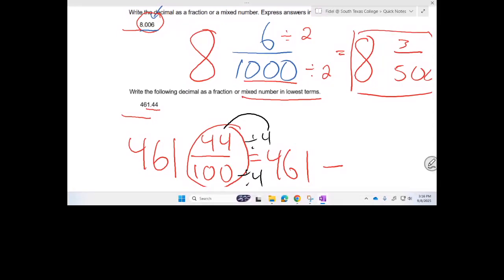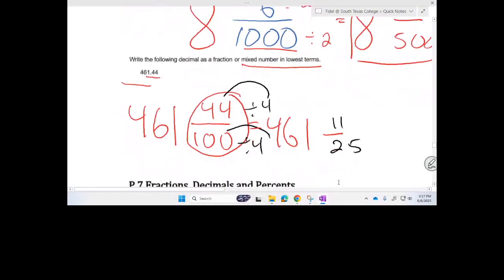Somebody said it. 11. Good. Y'all, how many times does 4 go into 100? 25. 4 of the same coin that gives you a dollar, 25 cents, right? So 4 quarters, boom. So we got 461 and 11 over 25, right? Boom, and there you go.